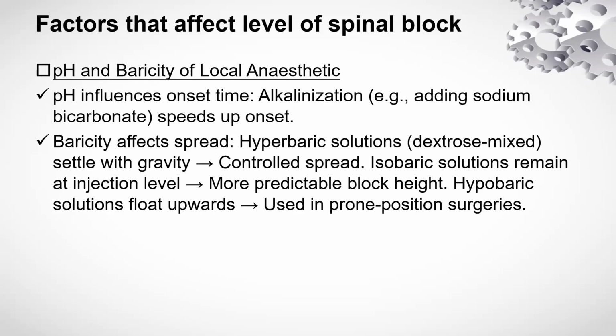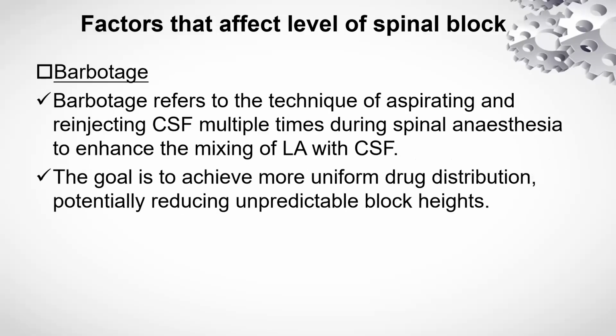The pH and baricity of the local anesthetic agent also matter. We've talked about gravity and baricity, and pH also influences onset time. For instance, adding sodium bicarbonate to the local anesthetic agent can speed up the onset. You remember we talked about all this when we were talking about local anesthetic agents in previous lectures.